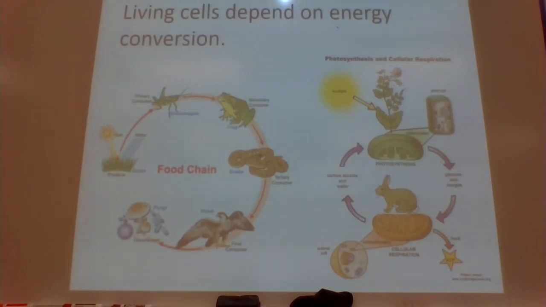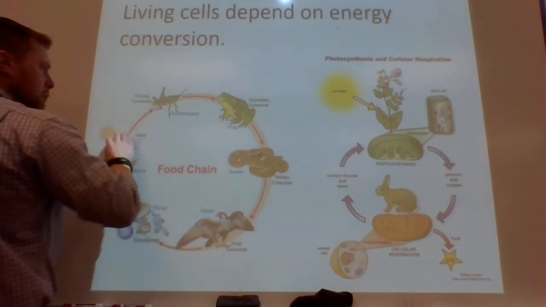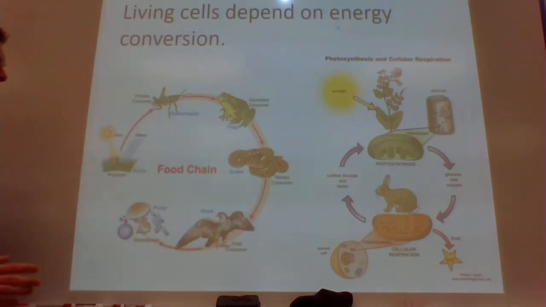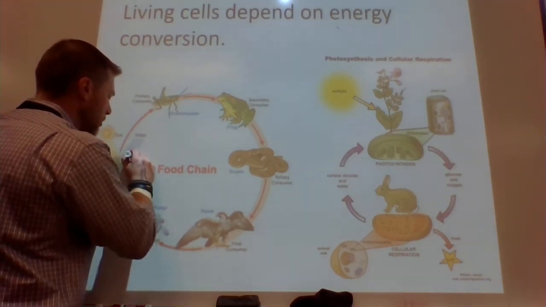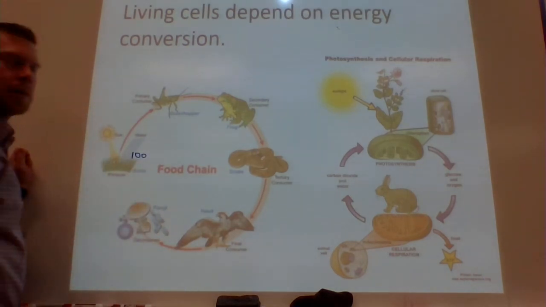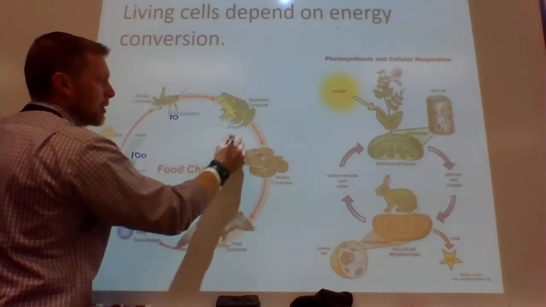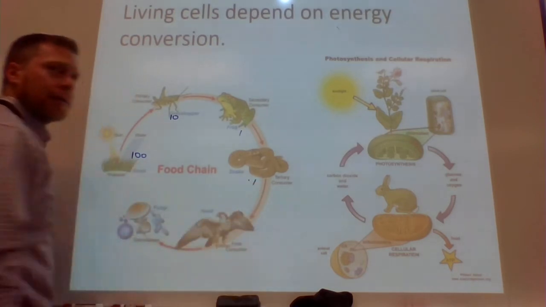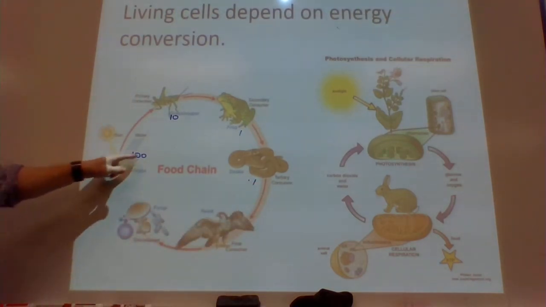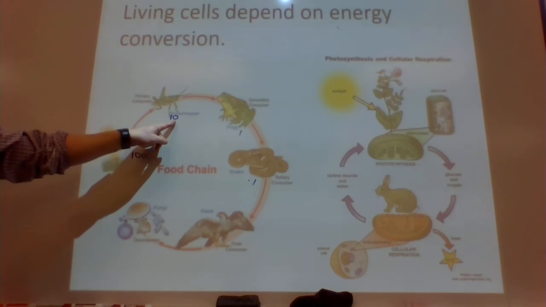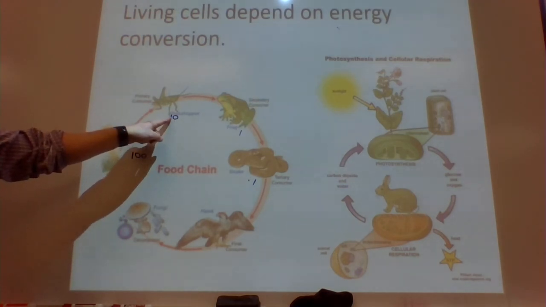And what we'll learn later on, I'm sure a lot of you know this from environmental science or bio, is that as energy is moving up a food chain, it decreases by 90% at each rung in the ladder. So let's say you had 100 units of energy here. Here you have 10, here you have 1, here you have 0.1. So if 10 is going from here to here, where's the other 90 going?